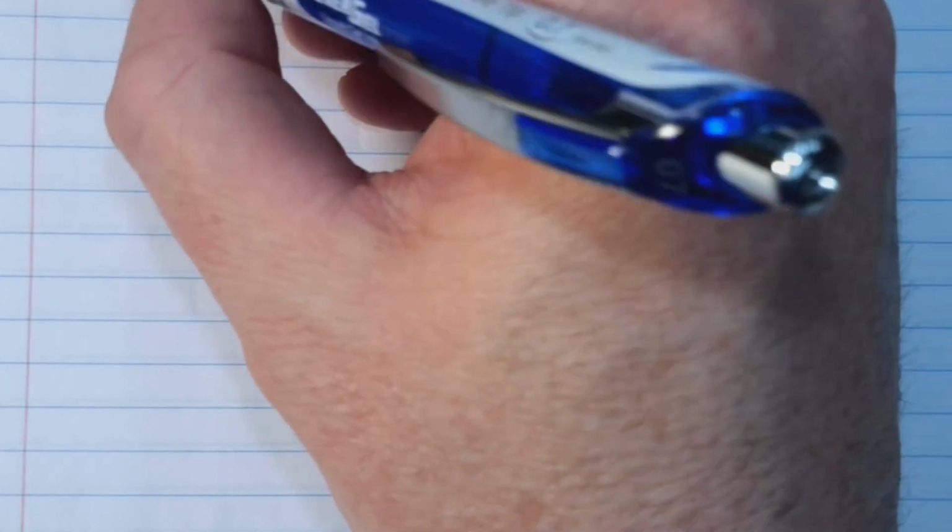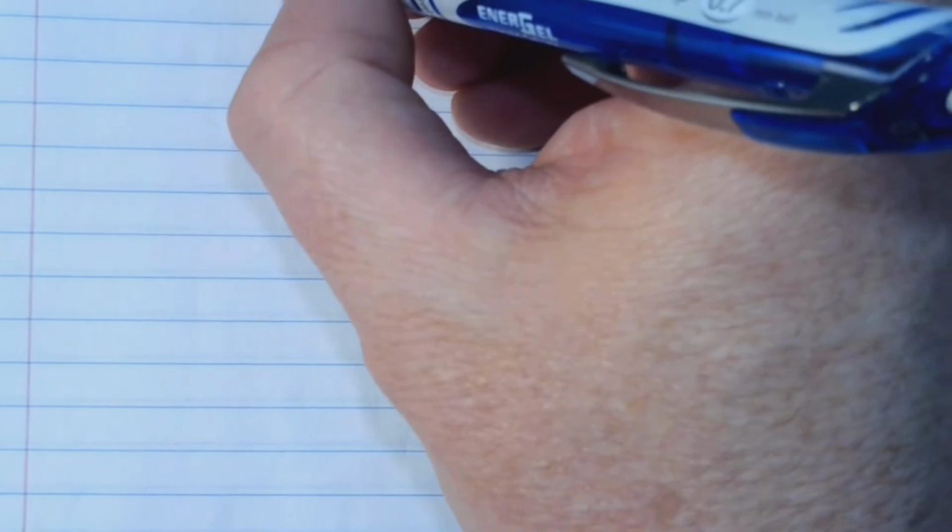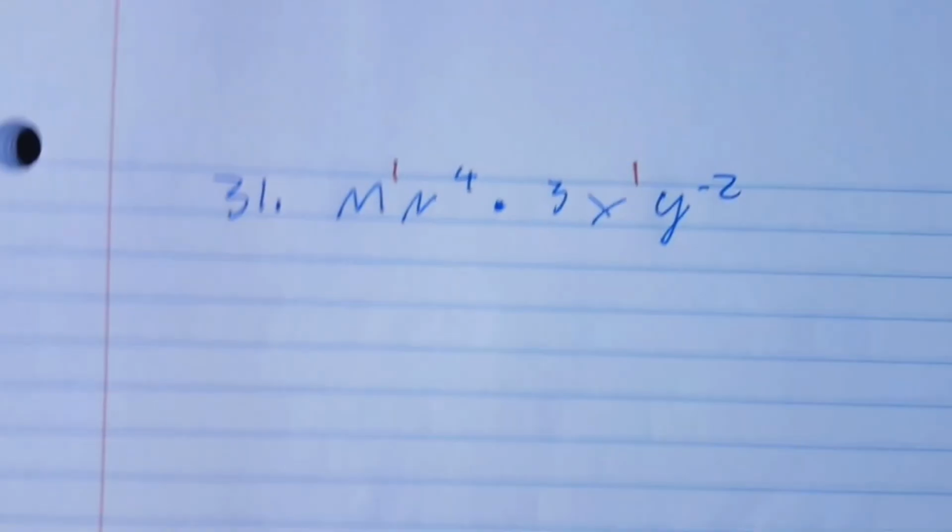Yeah, let's do 31. All right, M in 4 times 3 x y negative 2. Make sure you put these little ones here. Let's see if you can get it done. You don't see it, but it's on your worksheet.